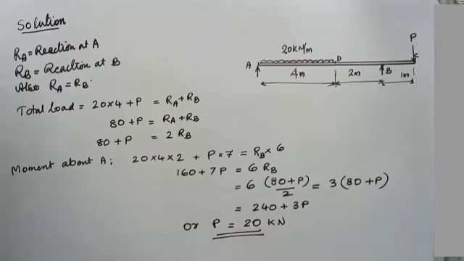When solving, we get the value of P, which is equal to 20 kilonewton. So we got our first answer. P is equal to 20 kilonewton.